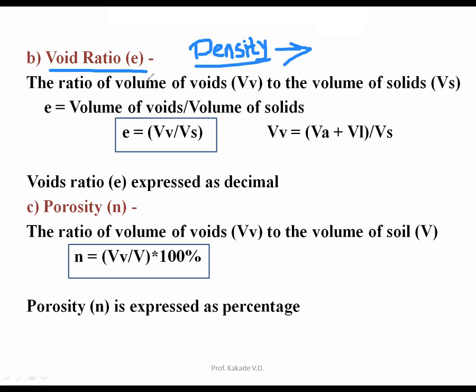What is meant by volume of voids? It is the volume of space between the solid particles. In the three-phase diagram we have studied that the space between the solids is known as a void, and the volume of that void is known as the volume of voids, to the volume of solids.